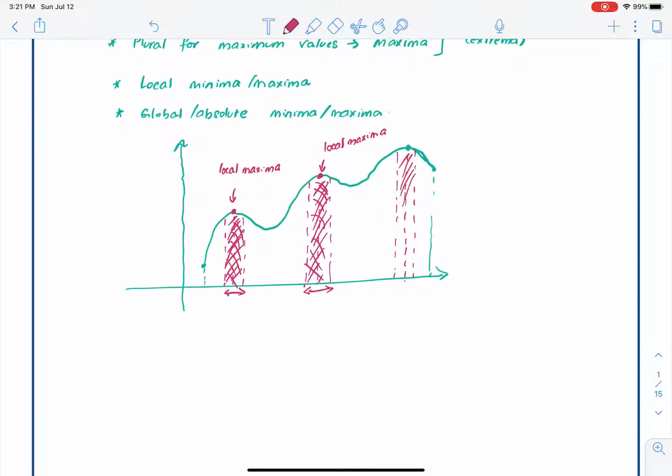On that interval, this point is the highest, so that would correspond to a local maxima. But this maxima is the highest of all three. So this particular value is larger than that one and that one. So this is also the absolute maxima of the function.